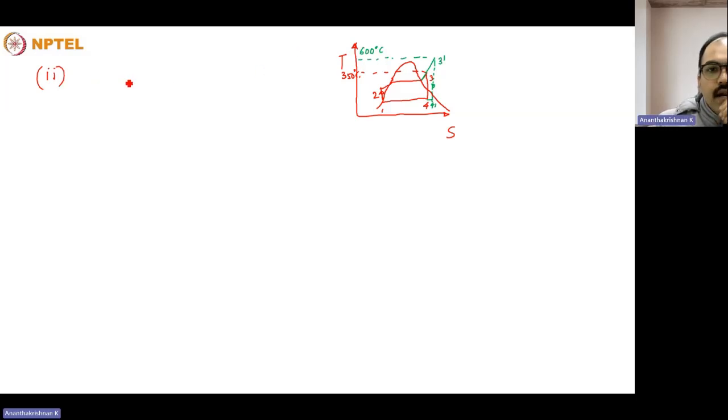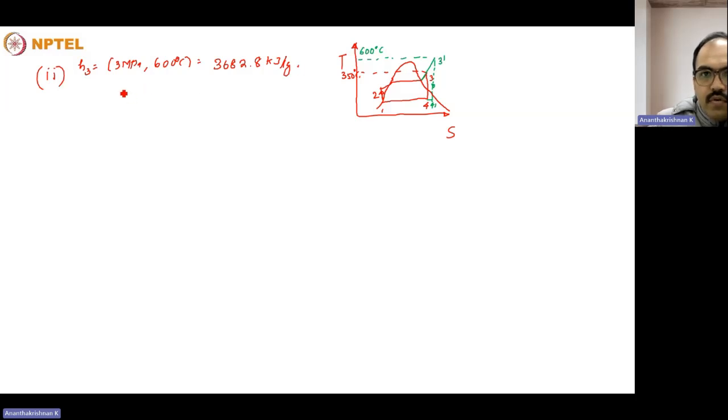So basically, we have to calculate the new H3. In order to calculate the efficiency, you need to calculate the new points H3 dash and H4 dash. So the H3 dash corresponds to 3 megapascal and 600 degrees Celsius, and that will be equal to 3682.8 kilojoule per kilogram.